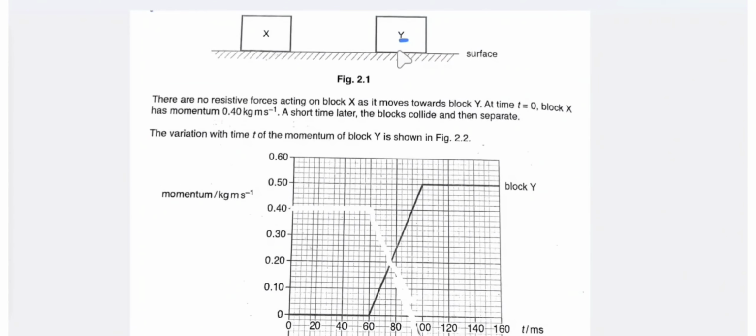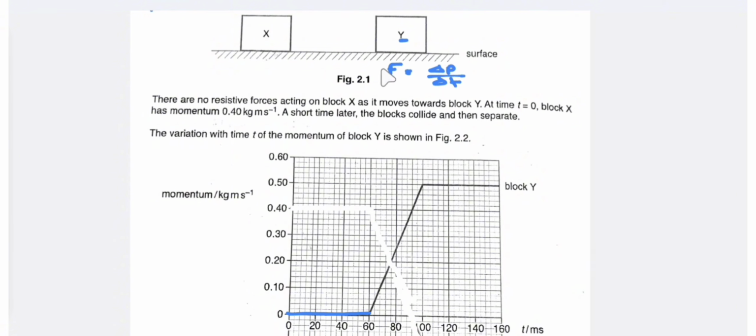So initially, block Y is at rest, so the momentum is 0, and as the two blocks collide, there is a change in momentum. As the two blocks collide, a force must act. And we know that resultant force is equal to change in momentum by change in time.